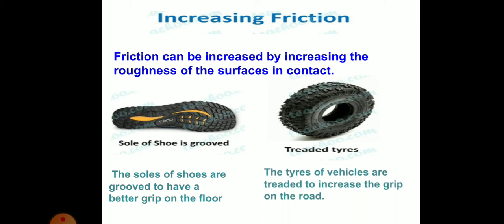You can see here in the picture that the roughness of the surface has been increased, that means the tires are threaded. This prevents the vehicle from skidding on wet roads and in sharp turns. So the tires are threaded to increase the roughness of the surface, due to which we can increase friction.